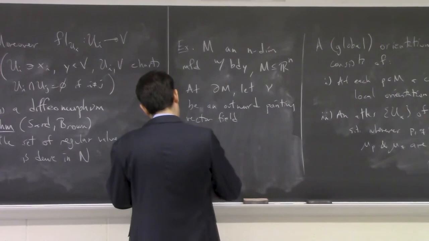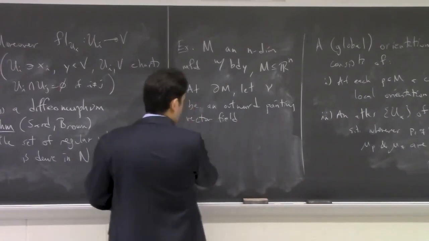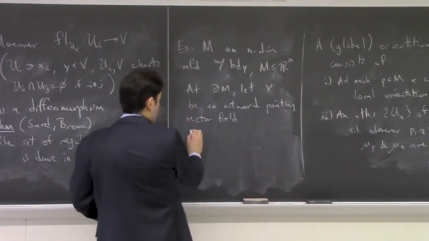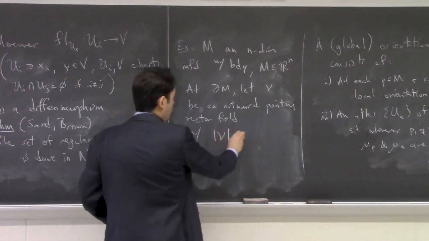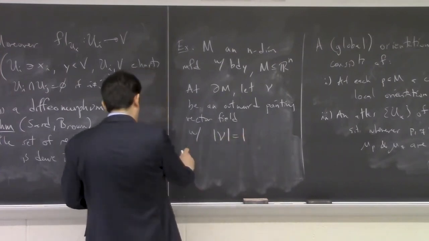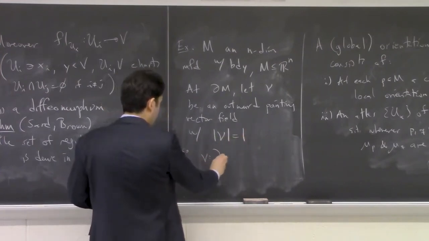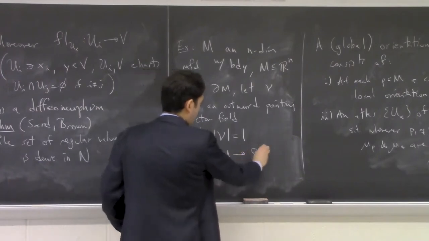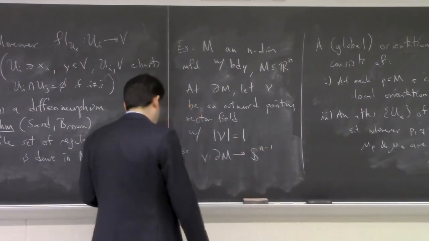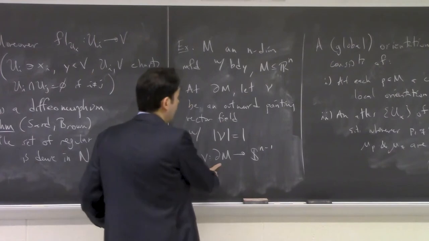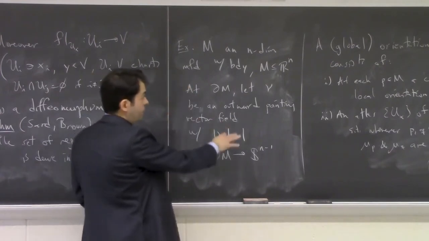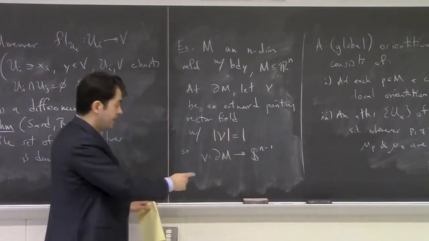Let's make it have unit length so that it defines a map from the boundary to S^(n-1). And if we assume that everybody is oriented, then this has a degree.